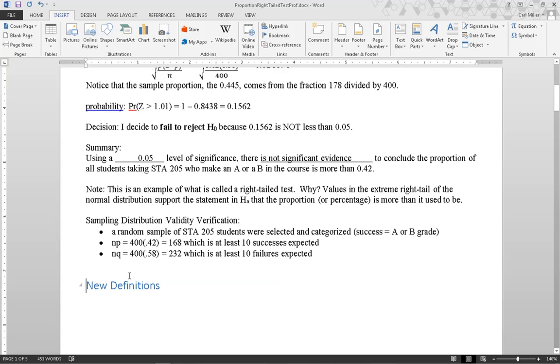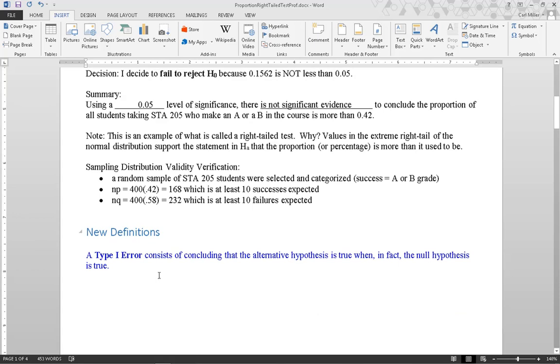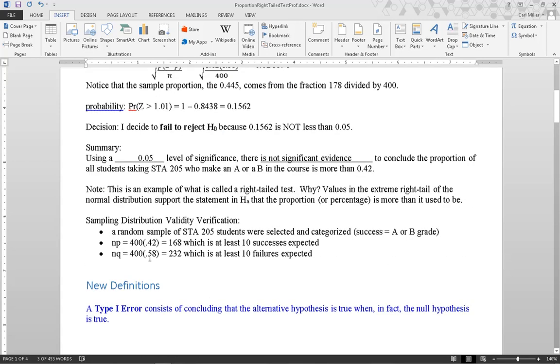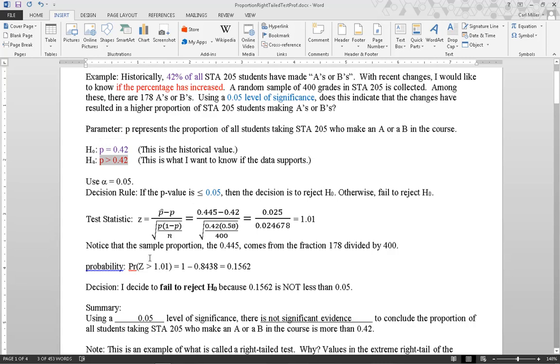Now, let's go back and look at a couple of new definition applications that we haven't gone over before in an example with a hypothesis test at the end. A type 1 error, by definition, is when you conclude the alternative hypothesis is true. In this case, we would be saying p is more than 0.42, when in fact the truth is that the null hypothesis is correct.